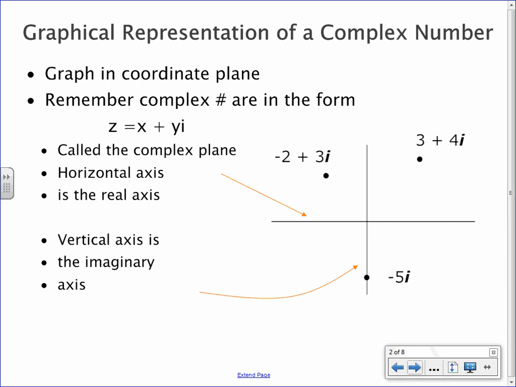Whatever our real piece is will move horizontally, whatever our imaginary piece is will move vertically. So here you see this is the number 3 plus 4i. We moved over 3 horizontally, and then we moved up 4 vertically.